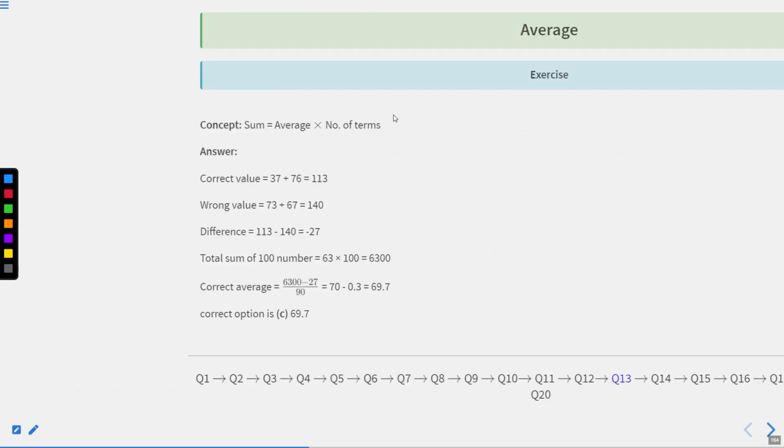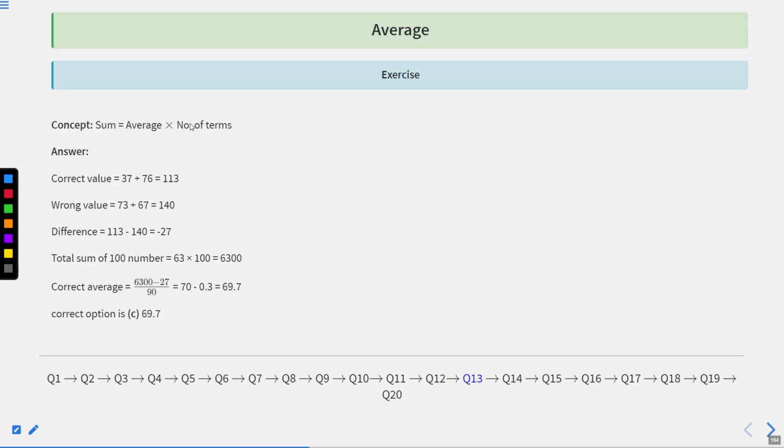The concept that will be used here is sum equals average times number of terms. So the correct value will be 37 plus 76 equal to 113, and the wrong value was 73 plus 67 equal to 140. So the difference it created is 113 minus 140 equal to minus 27.